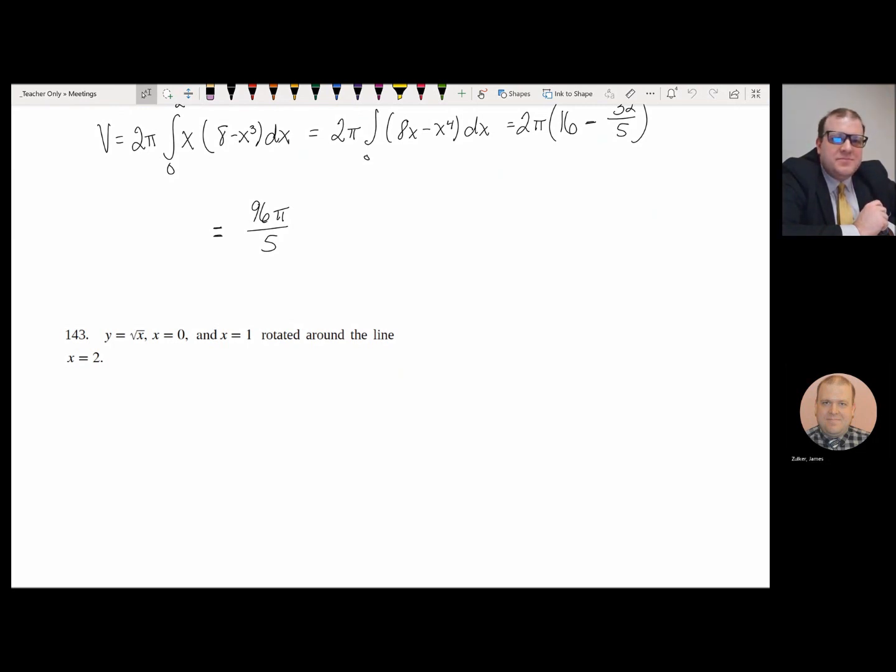Bound there. Is the region bounded by those? Those are two vertical lines, and then a function, right? So both of them are infinite. Square root of x.